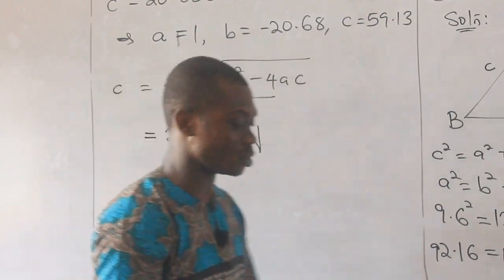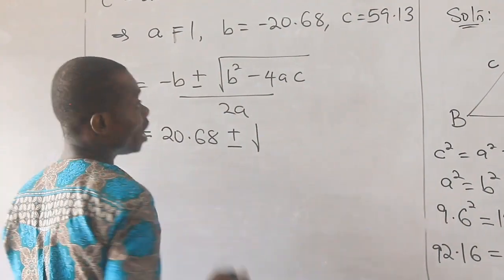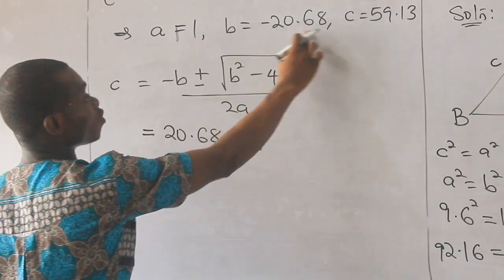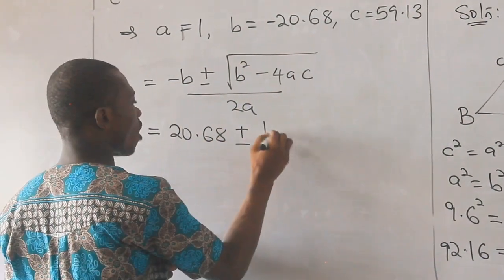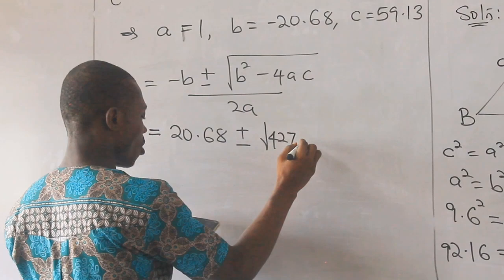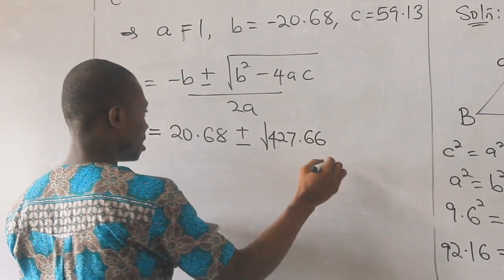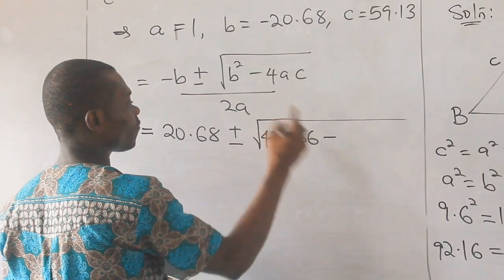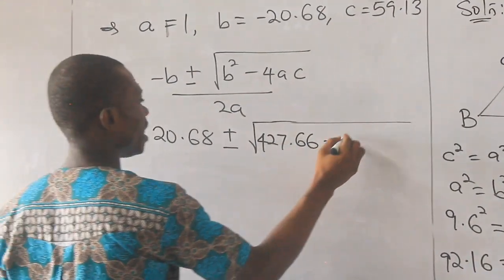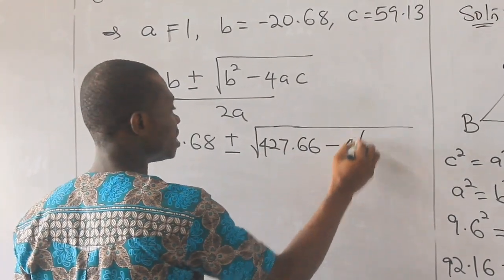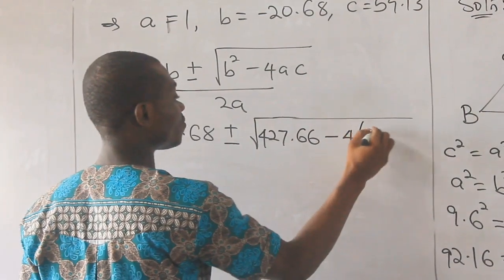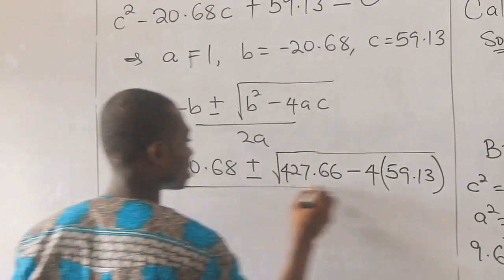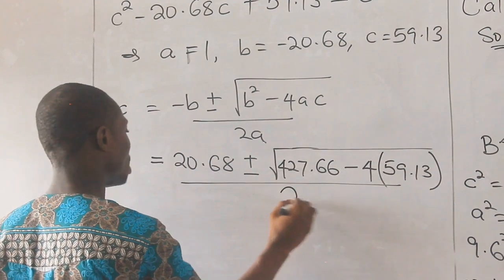If you square this, it will still be positive, 427.66. Then minus, you will subtract 4 times A, which is 1, then times C, which is 59.13. Okay, so that's all over 2 times 1, which is 2.